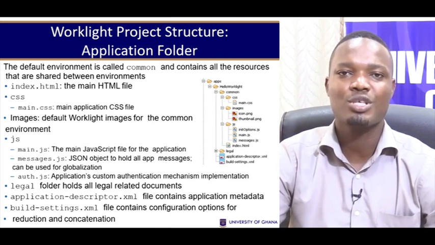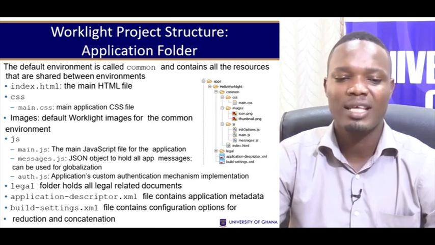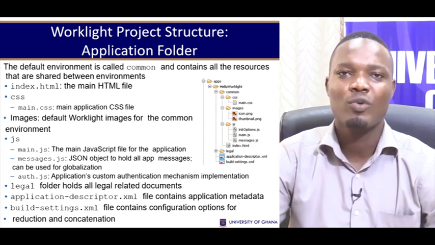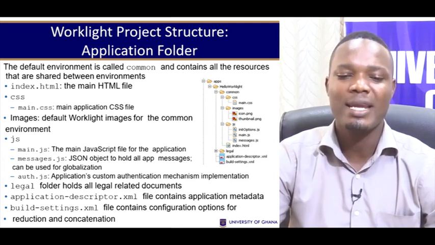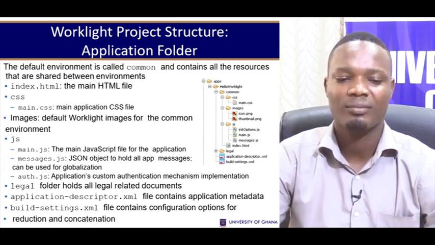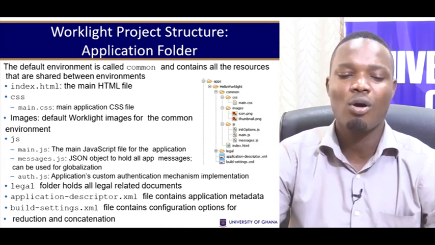Most of our code is going to be written in that file. Then we have the CSS folder, which is going to contain all CSS and stylings for our application. By default, there's the main.css, which is the main application CSS file. We also have the images folder, where we are going to keep all images that we would use for our application.